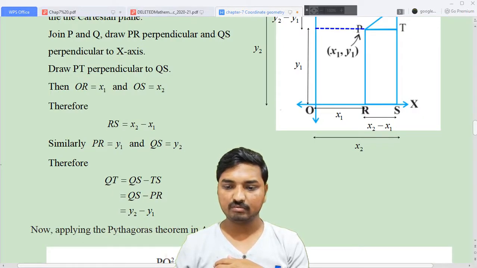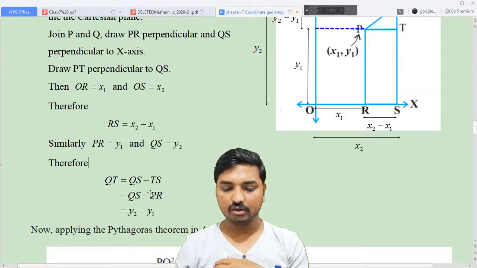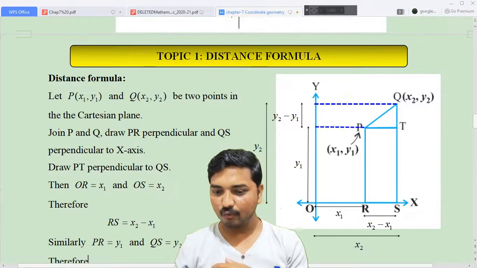And QS, from the figure you can understand, is the total distance from here to here, which is y2. And the distance from T to S, or P to R, is y1. So it becomes y2 minus y1.